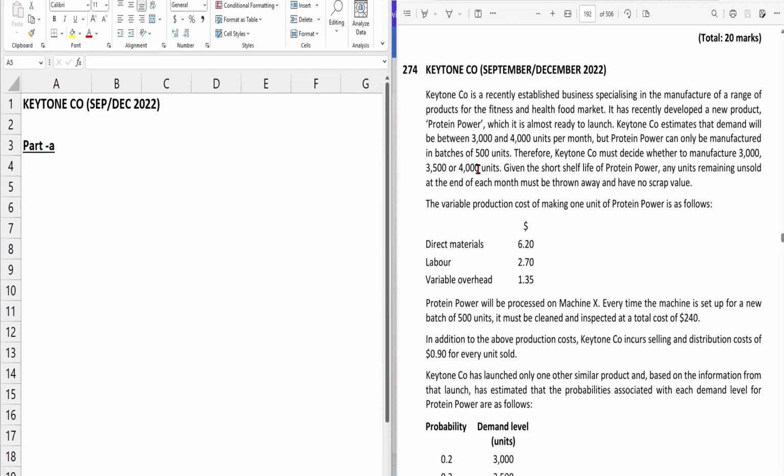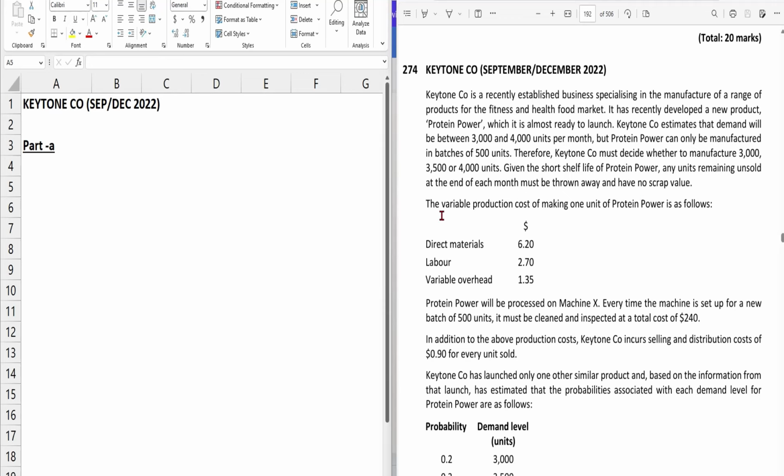In that case, the remaining units have no scrap value, no residual value at the end of each month. I will show you how this sentence matters while performing the calculation. For now, just understand that if I produce 4,000 units but demand is only 3,000, the 1,000 unsold units will have no value.